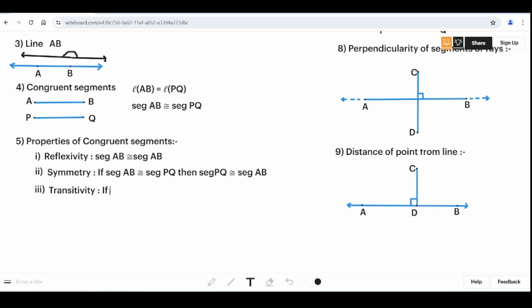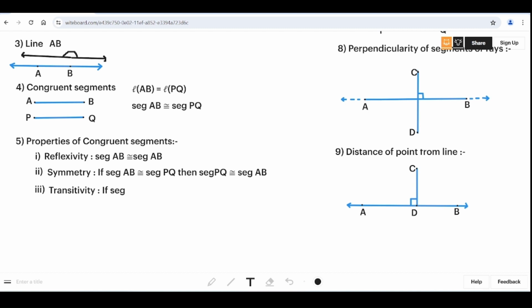Means if first is a friend of second and second is a friend of third, then automatically first and third are friends of each other.